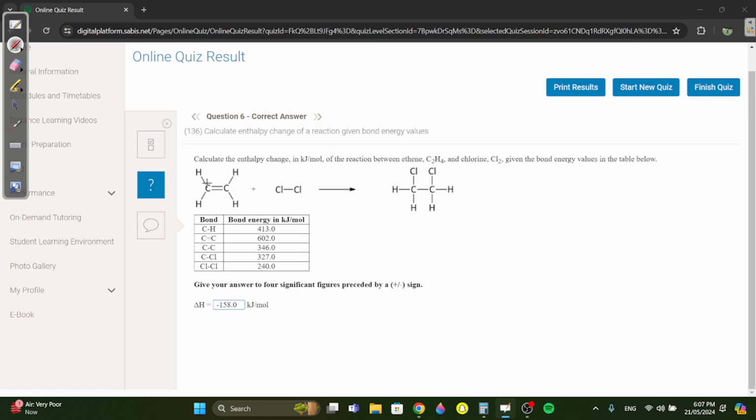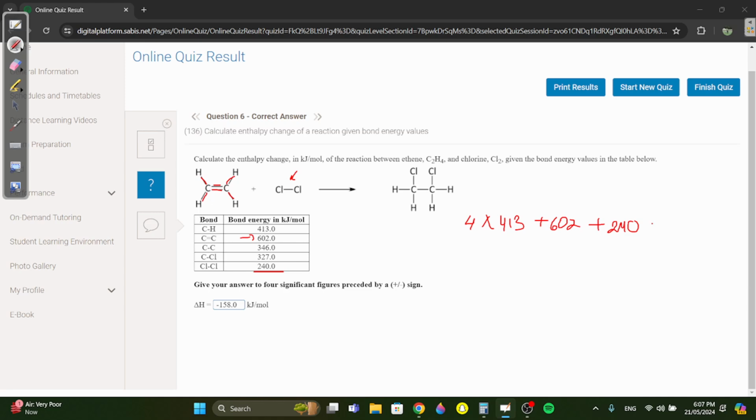Question 6. This one is the famous question we get every week. I'm going to do this a bit quicker. Just add up the bonds on the left, subtract the bonds on the right. We have 4 CH bonds. I don't have a calculator beside me, so I'm just going to write down what you have to do. Then you have a carbon double bond, so C=C, so you add 6O2, and then plus the Cl-Cl, which is over here 240.